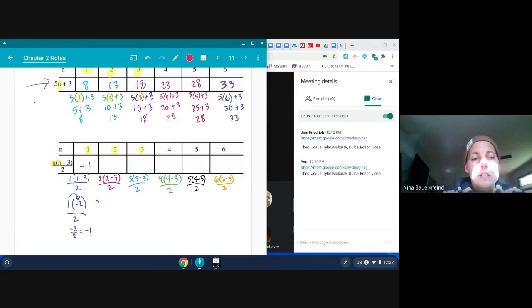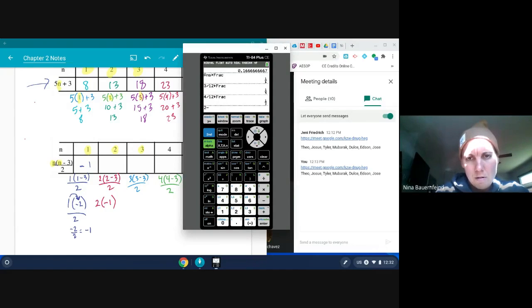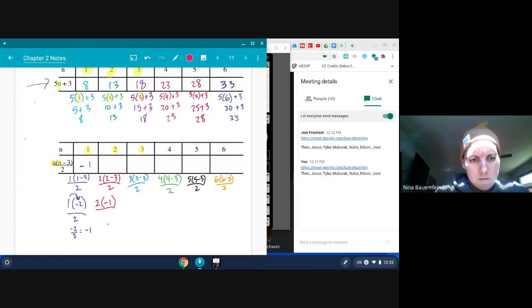So for the next one, it's going to be 2 times, what is 2 take away 3? Negative 1. 2 take away 3 divided by 2. So this is negative 2 divided by 2, which is again negative 1.